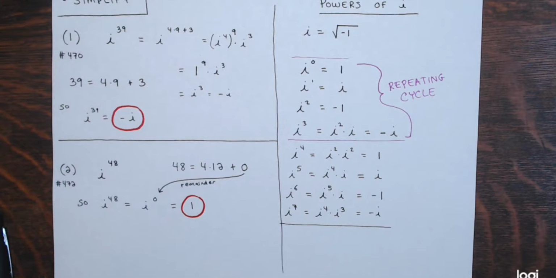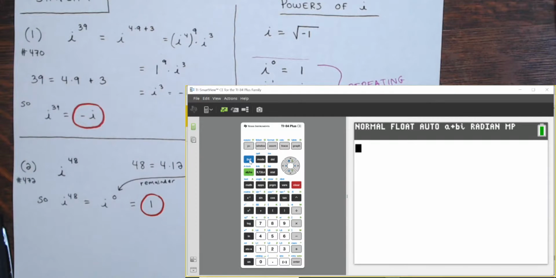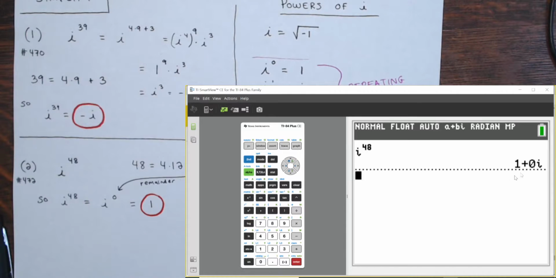And let's take a look. Again, I'll pull my calculator up, and I'll enter i to the 48th power and see that it's 1. See, it's 1 plus 0i. But plus 0i doesn't mean anything, right? It's like adding 0. So it's just 1.